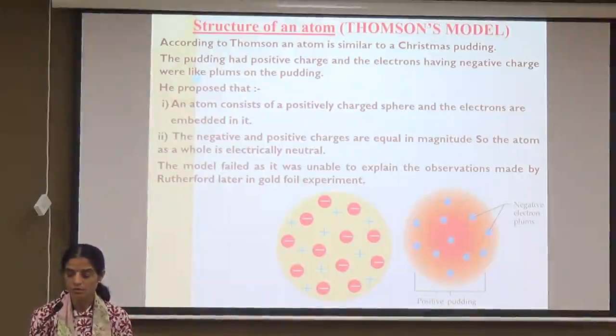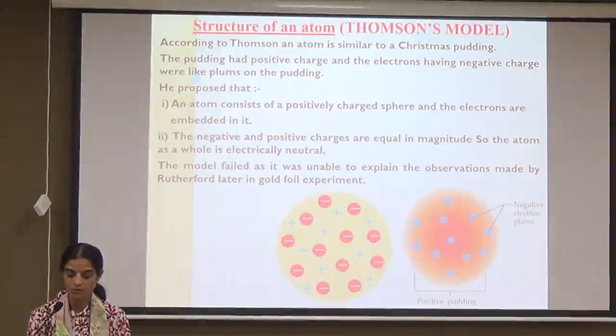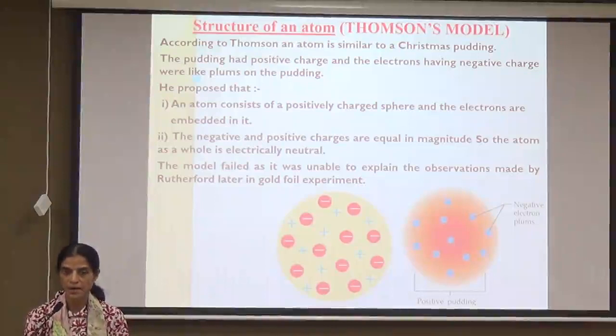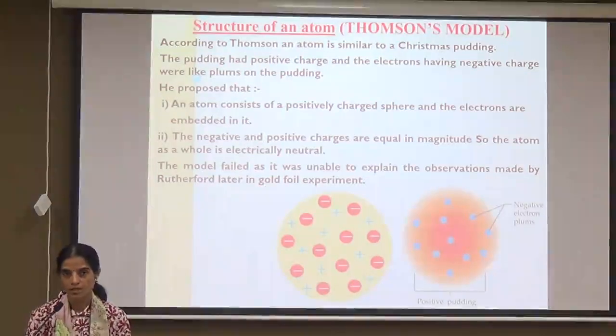It was not able to explain the observations made by Rutherford later in the gold foil experiment. This model can also be compared with a watermelon. The red part of the watermelon can be considered as a positive sphere in which the seeds are embedded like electrons.